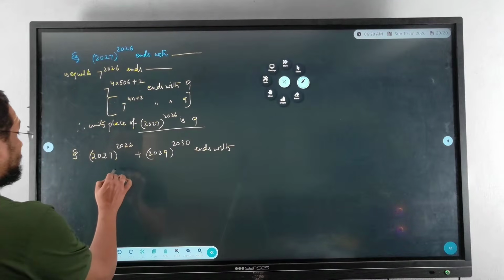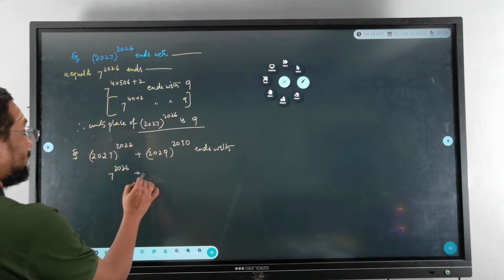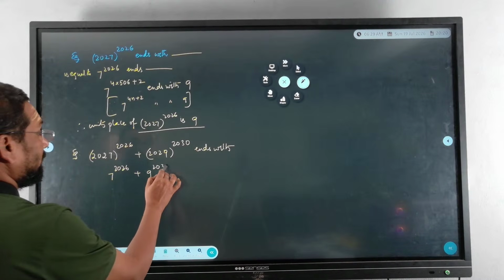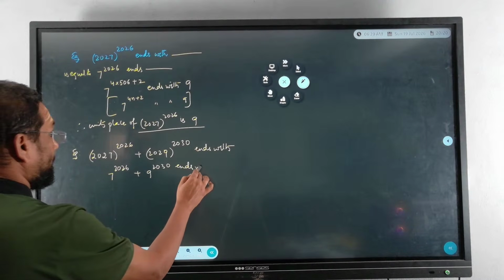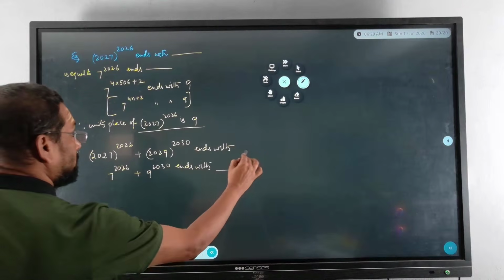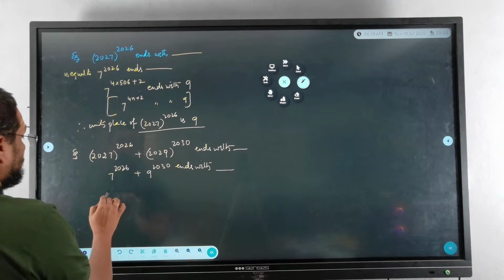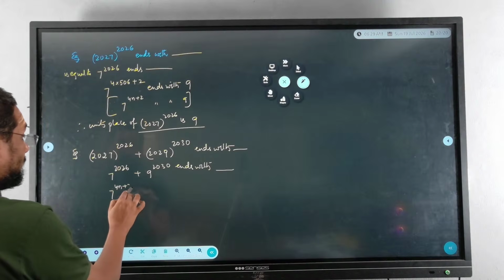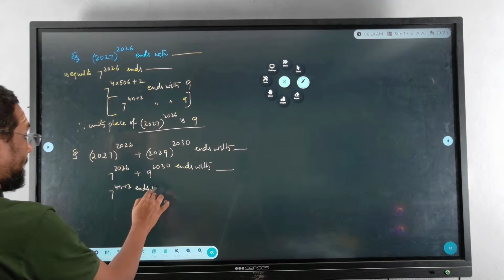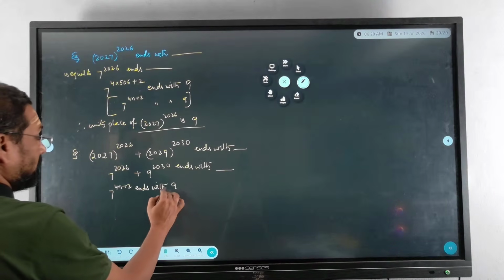So 7 power 2026 plus 9 power 2030. 7 power 4n plus 2 ends with 9.